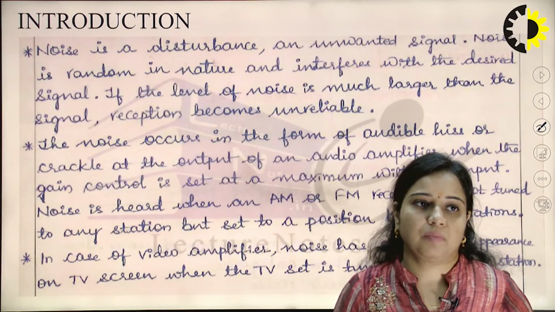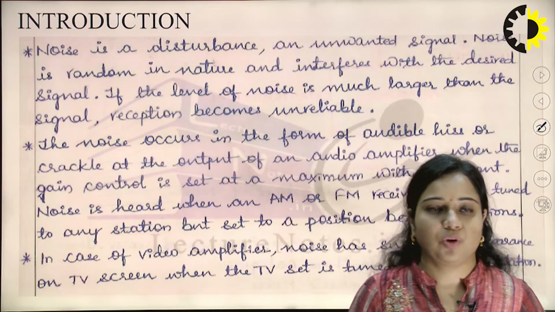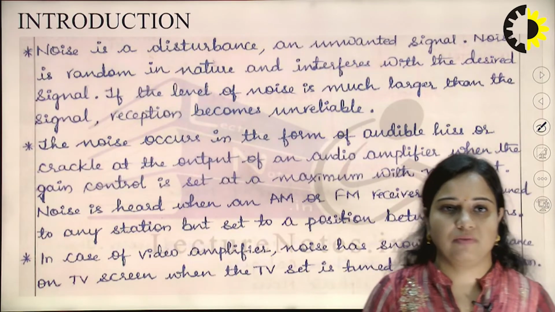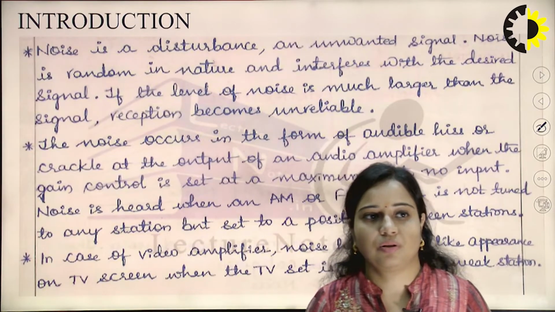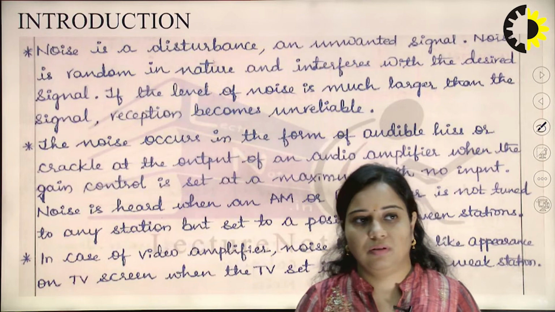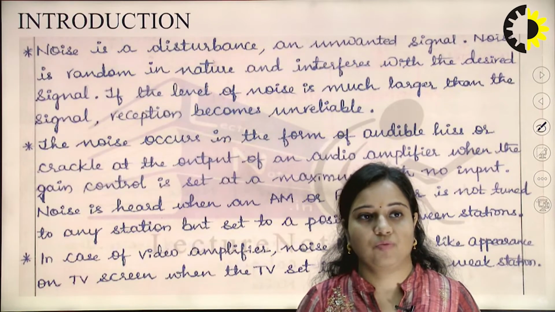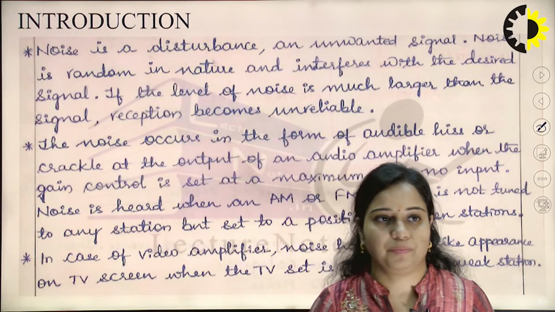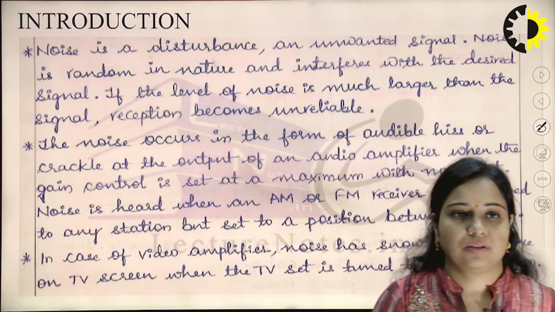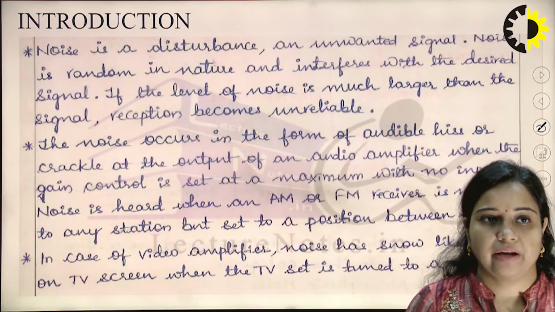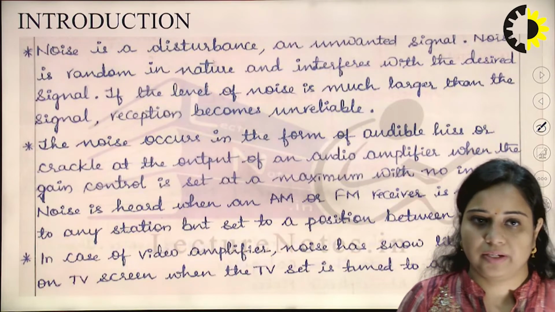When we are talking about images, the quality of the image that we receive is affected by different types of noise, like salt and pepper noise or flicker noise, which reduce the visibility quality of the system. When we are talking about signals, it can be a continuous time signal or a discrete signal.